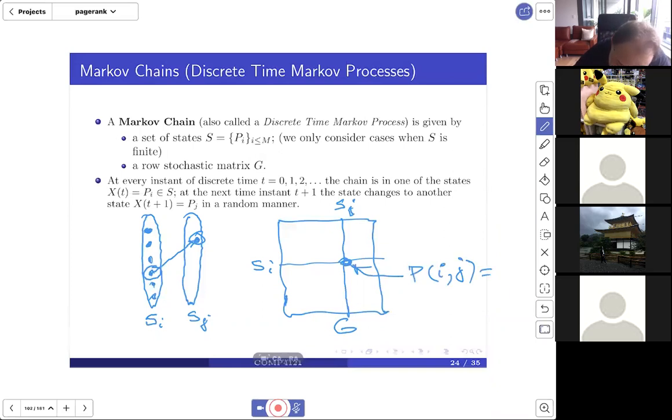So this probability is the entry Gij in the matrix G. The entry of the matrix tells you the probability that, if your chain is in state i, the next moment it will be in state j.